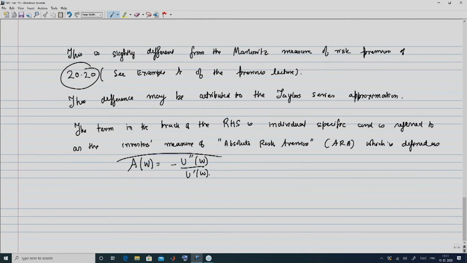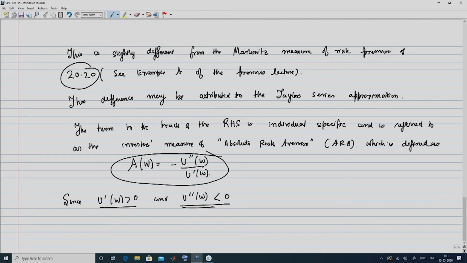Okay, so, now we have defined what is the absolute risk aversion. Since U prime of W is greater than 0 and U double prime of W less than 0, I am talking from the point of view of a risk averse investor. So, therefore, we have A of W is greater than 0.